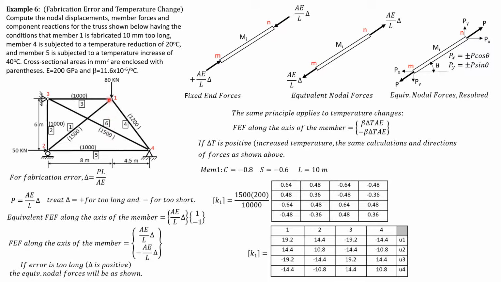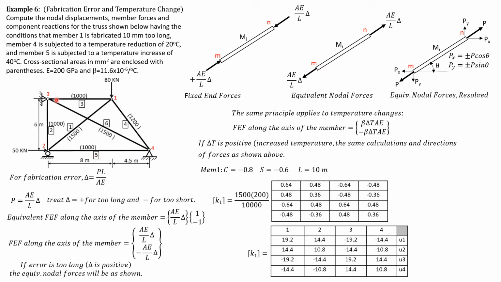The cosine is 4.5 over the length. The length is square root of 4.5 squared plus 6 squared. That's 7.5. So the slope is 3 horizontal, 4 vertical. So the cosine is positive 0.6. The sine is negative 0.8. Then for member 5, 2 to 4, which is 3, 4, 7, 8. The cosine is 1. The sine is 0.